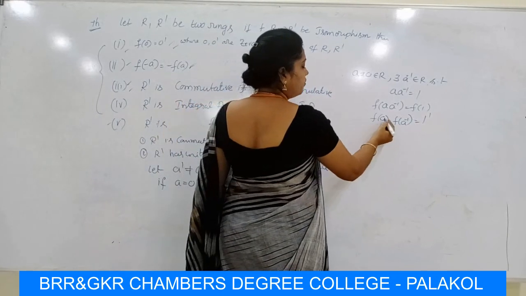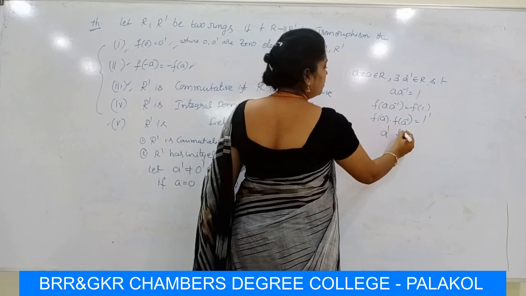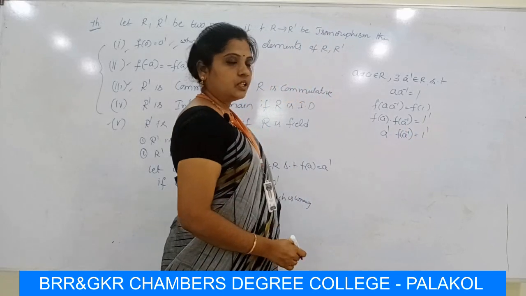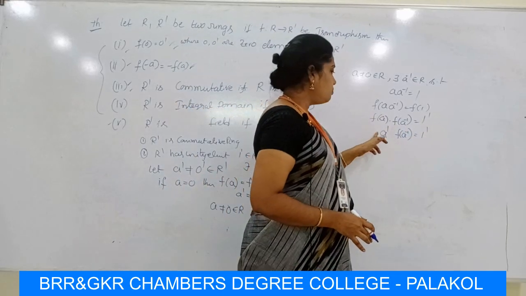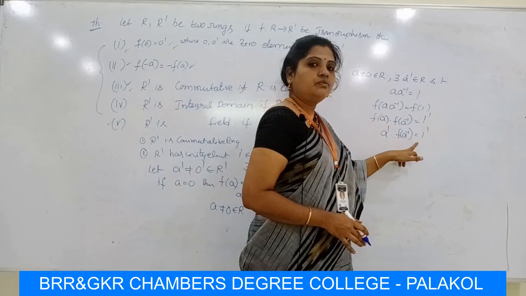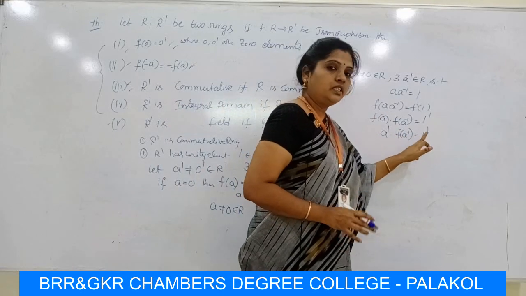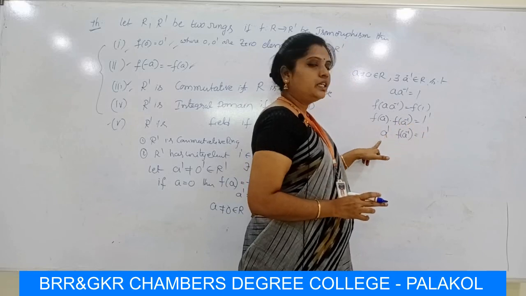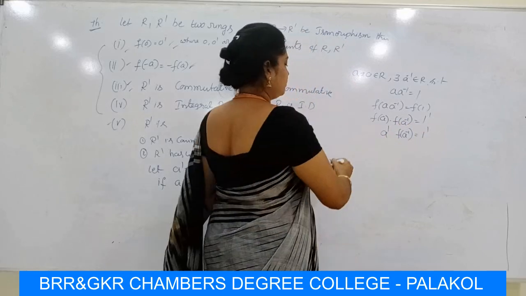Here f of a is a dash, so a dash into f of a inverse is equal to 1 dash. When a dash is multiplied with f of a inverse, we get the unity element 1 dash in R dash.